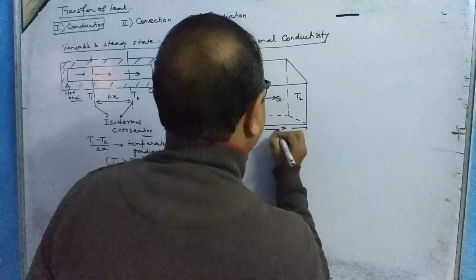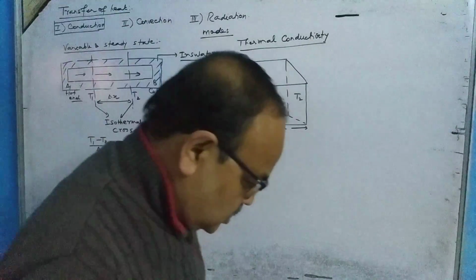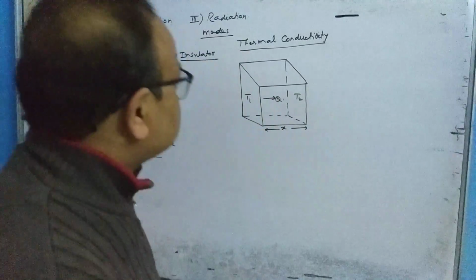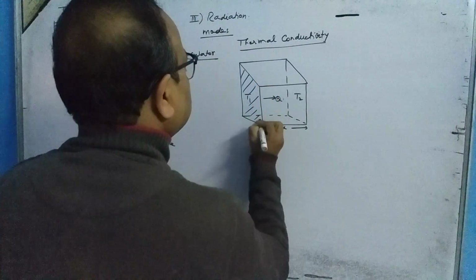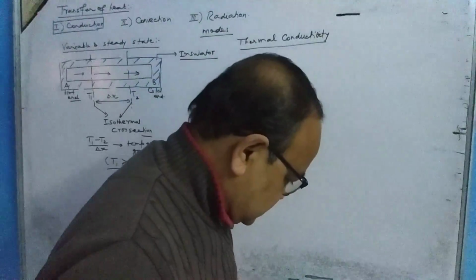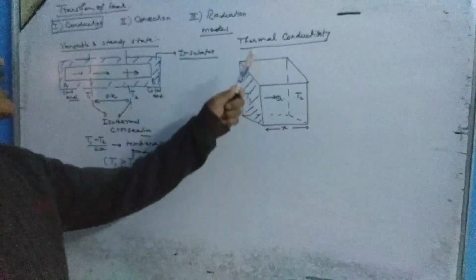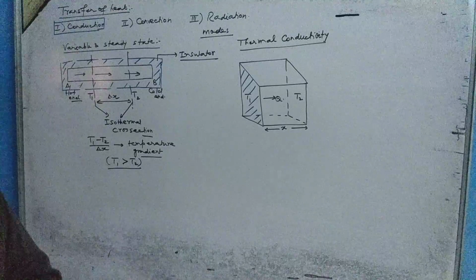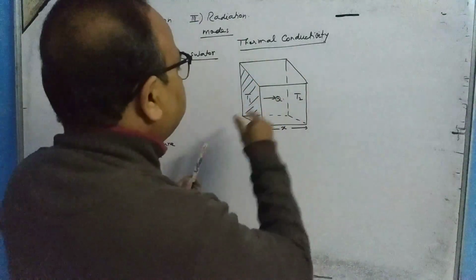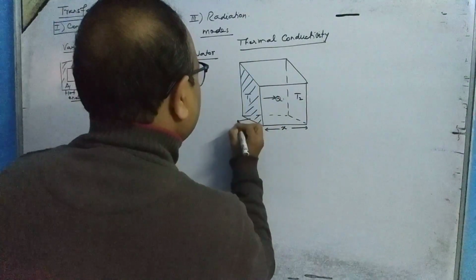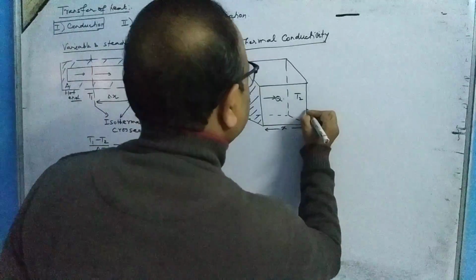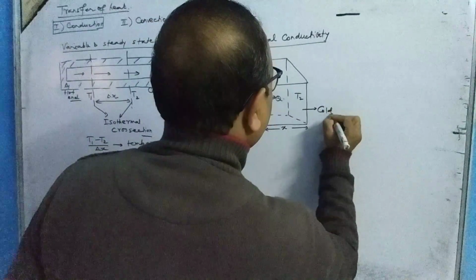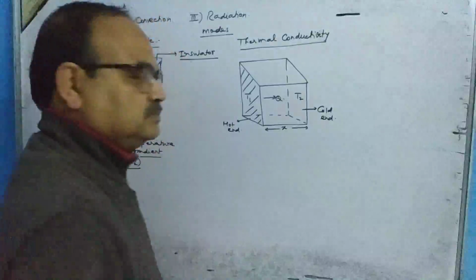See, I hope you all are understanding this. Here I am making this in this way. Suppose this is a cube. This is the hot end. This is the cold end.